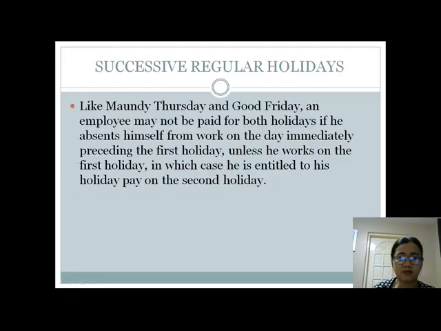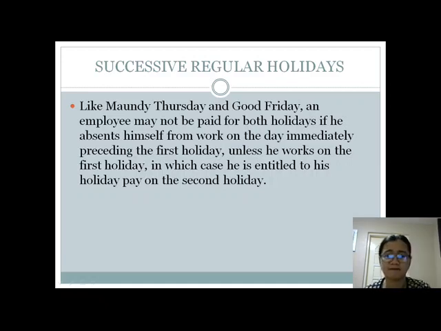Now, what about successive regular holidays? A common example of this is Maundy Thursday and Good Friday, or the Holy Week. An employee may not be paid for both holidays if he absents himself from work on the day immediately preceding the first holiday, unless he works on the first holiday, in which case he is entitled to his holiday pay on the second holiday.